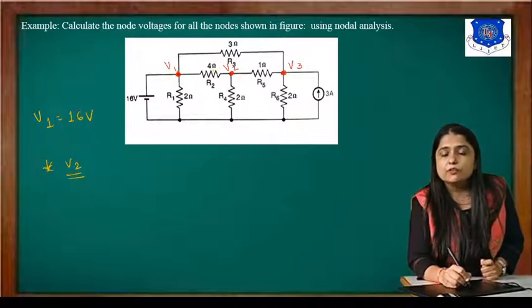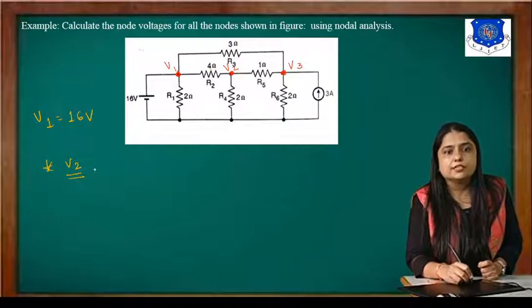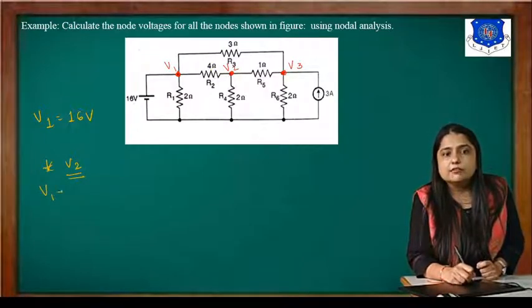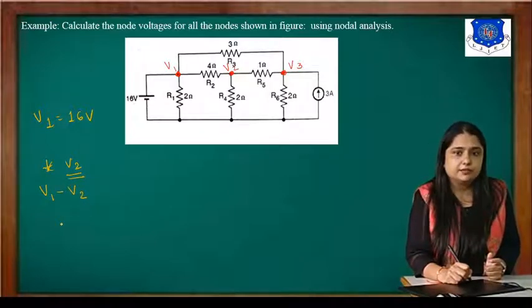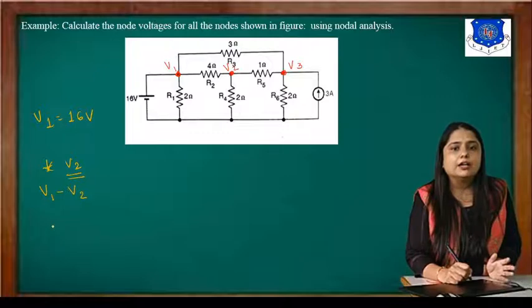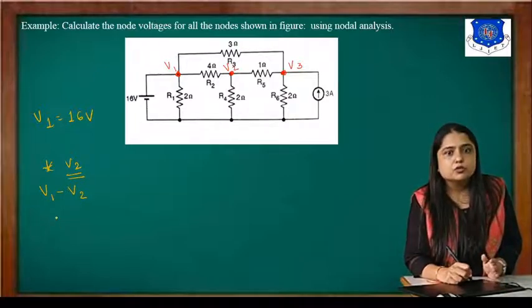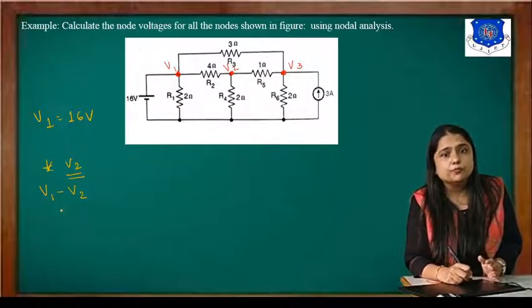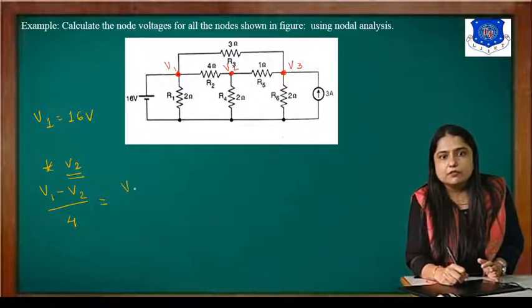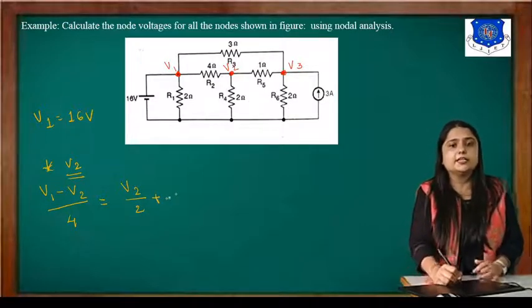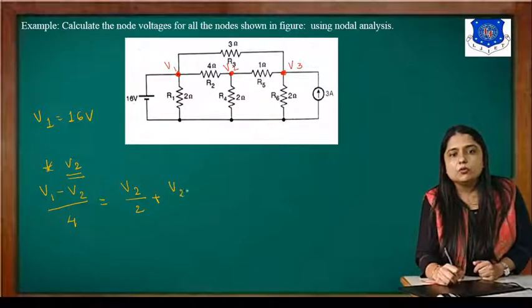So we have to take the potential difference, and the potential difference is V1 minus V2, because I am considering that current as an incoming current, and current always flows from higher potential to lower potential. So we write V1 minus V2 divided by 4, equal to this current here: V2 by 2, plus this 1 ohm current, which I am considering as outgoing, so that is V2 minus V3 divided by 1.